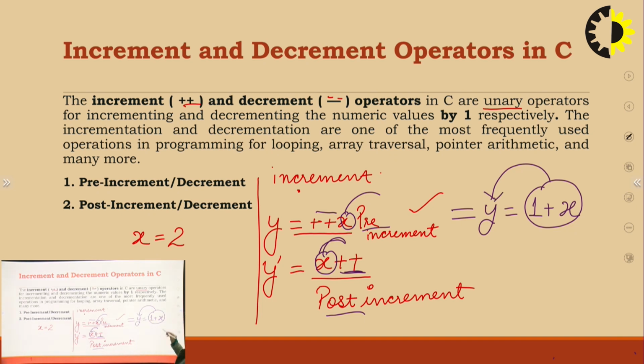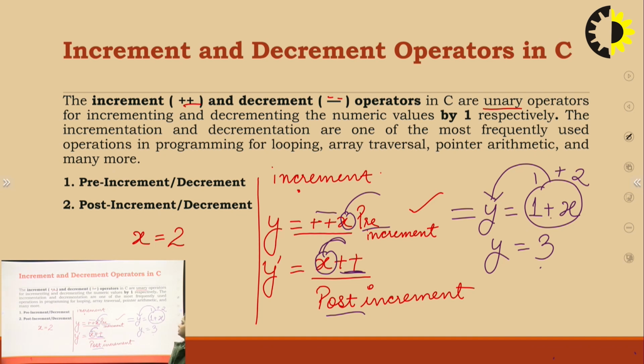That means the value of x was 2 plus 1, that means 3. Earlier the value of x was 2 and it was pre, so first we'll add the value and then we'll assign the value. That means the final value of y is 3.